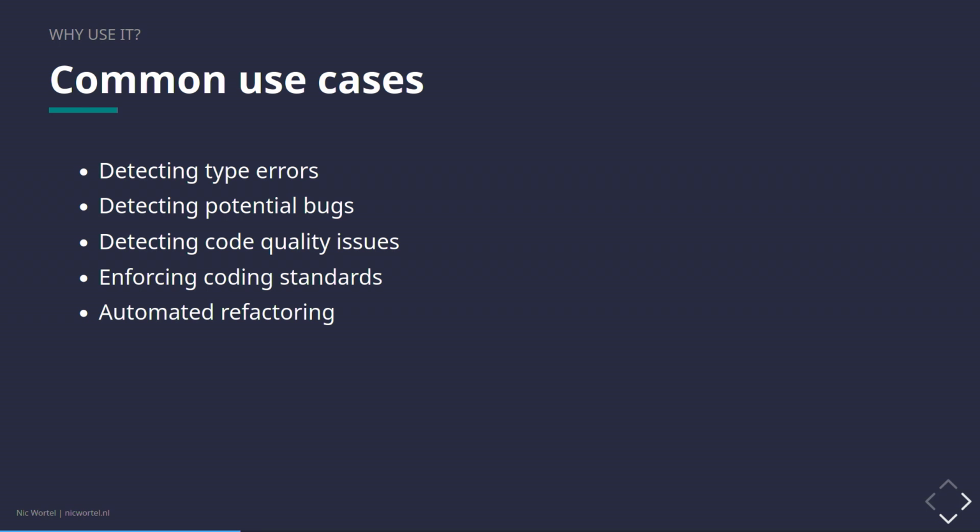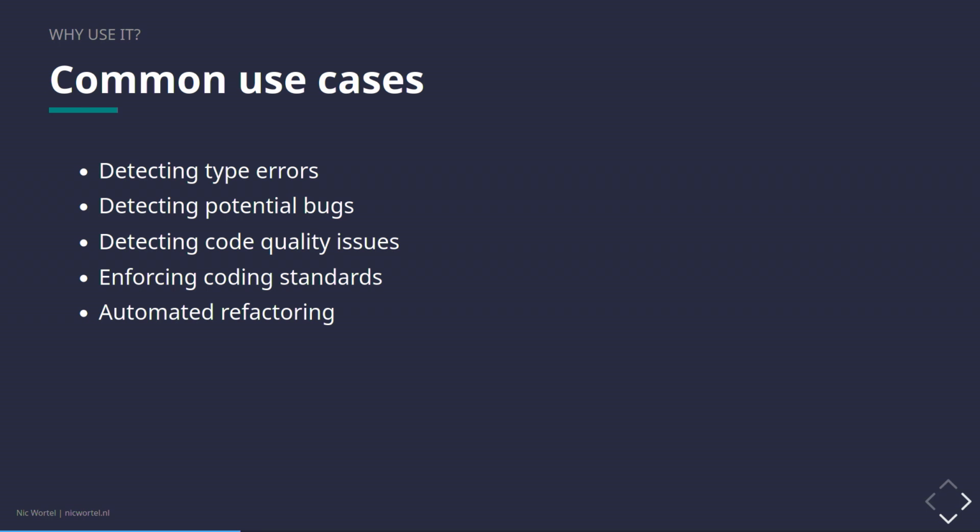So what can we use static analysis for? For those people who raised their hands, maybe the reason why you're using it is within this list: detecting type errors, like when we are passing an integer to something that should expect a string, or other potential bugs, or issues with code quality, or enforcing the coding standards that we have.